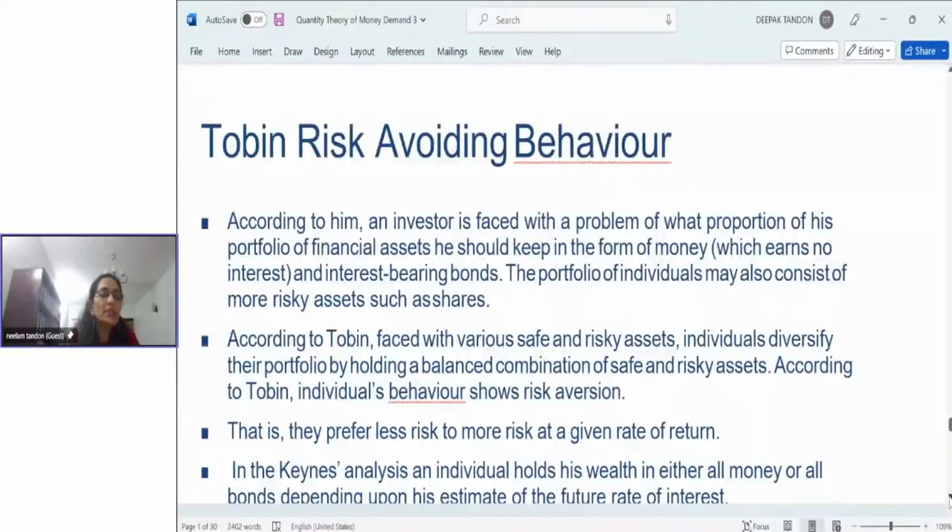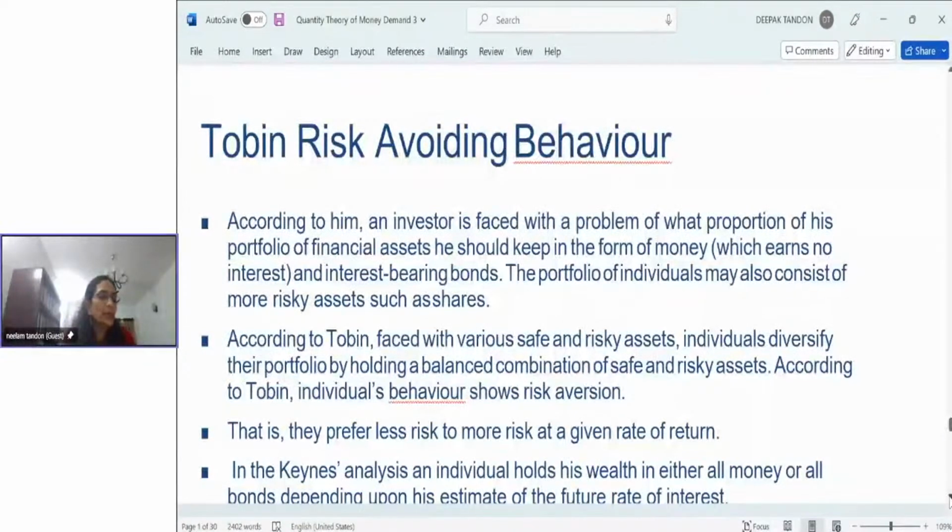What kind of risky assets should I have in my portfolio? It depends on my risk-taking capacity. People who are more risk averse will keep more and more cash, and people who are ready to take risk will go for investing in the market.